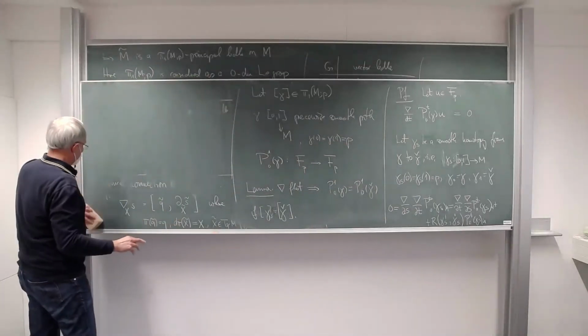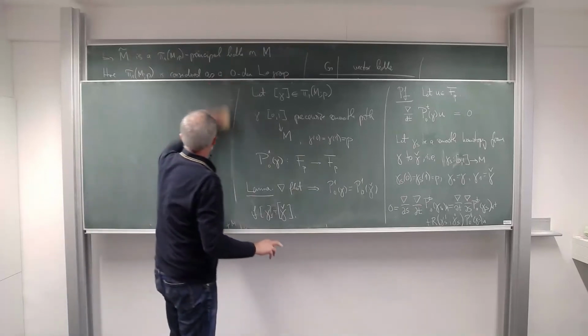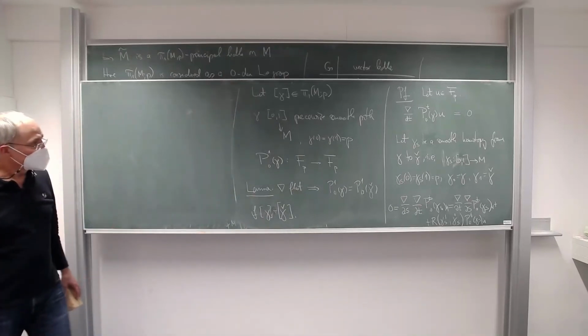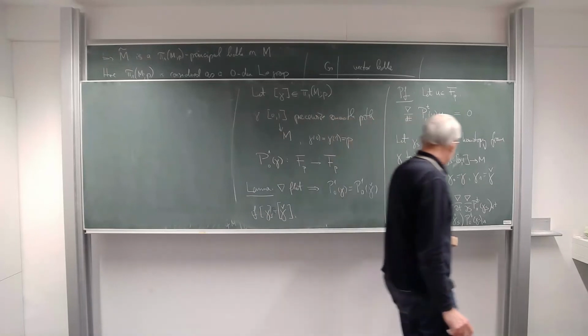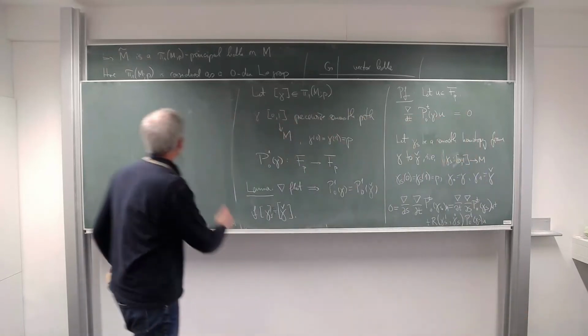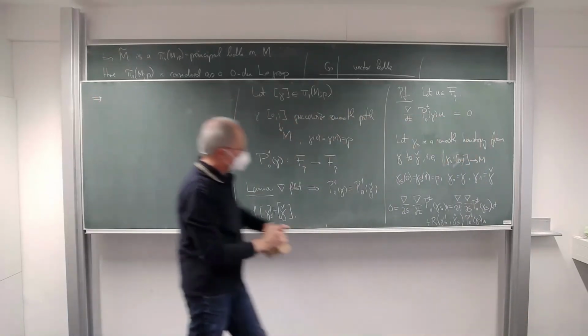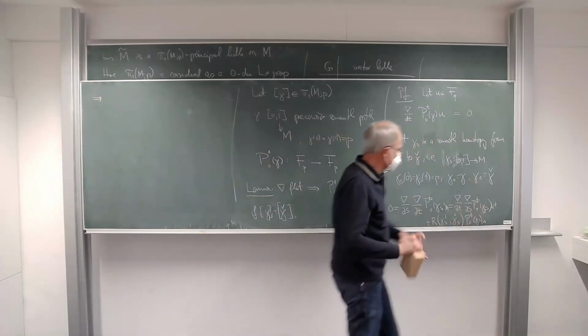So that's the general formula, but in our case there is no curvature, so that's 0. So that tells me that this double derivative is 0.